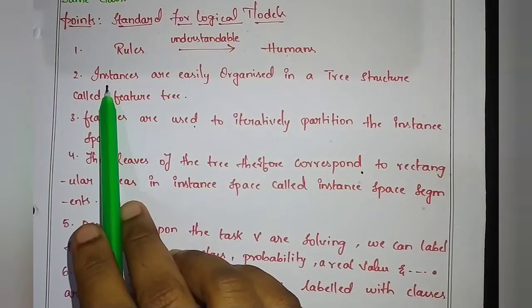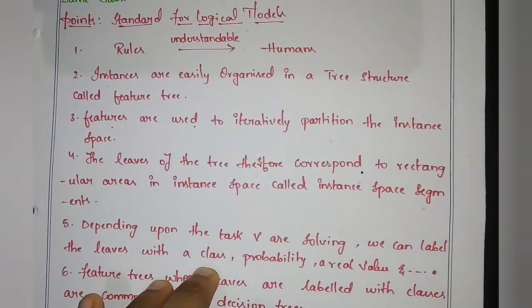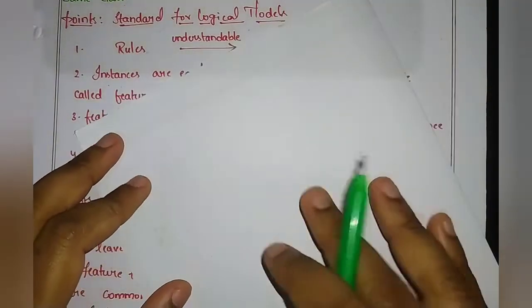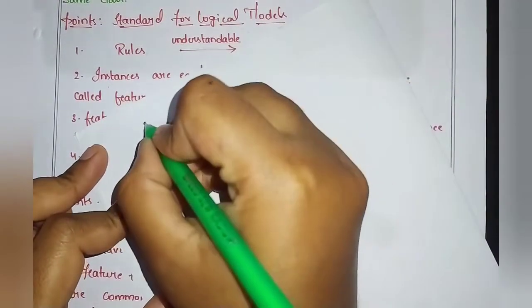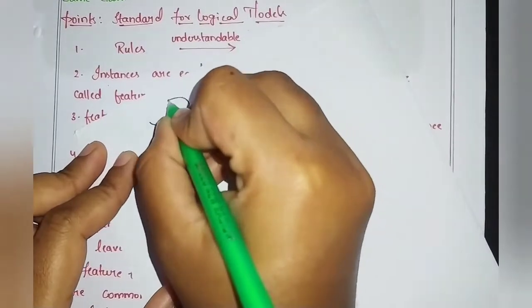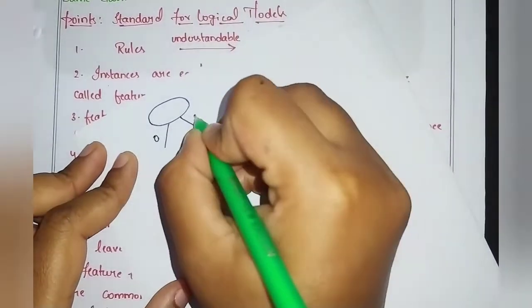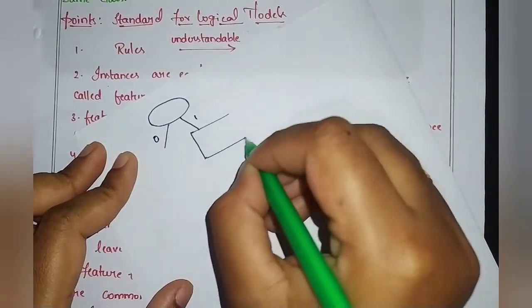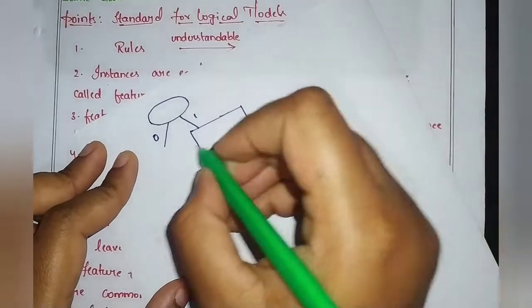The second thing is, instances are easily organized in a tree structure called a feature tree. Now let me show you what a feature tree looks like and what the instances are. Instances are placed in terminals, and then we have some boolean values, 0 or 1, yes or no. If it is yes, I represent it with a rectangular box.